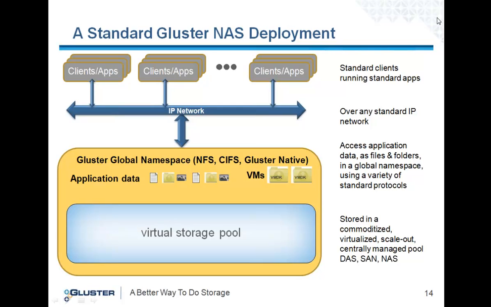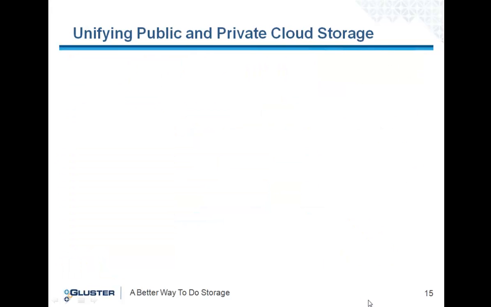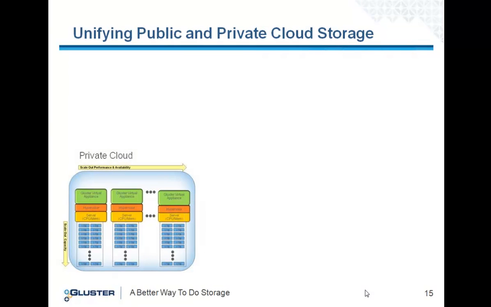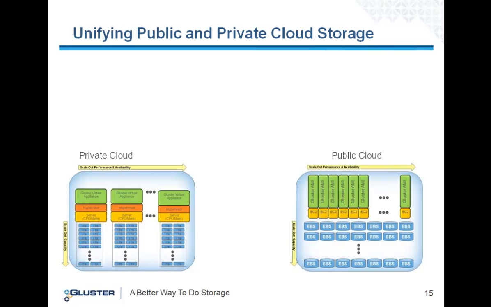Well, if you compare that to Gluster, what we have is the ability to create a global namespace that can be in a data center and can also expand to the cloud and also include other data centers. And those data centers and cloud environments can be anywhere in the world. New York City, Tokyo, Chicago, San Francisco. You can have your NAS environment connected through a global namespace, one common mount point, NFS mount point, or one common drive from a CIFS perspective.